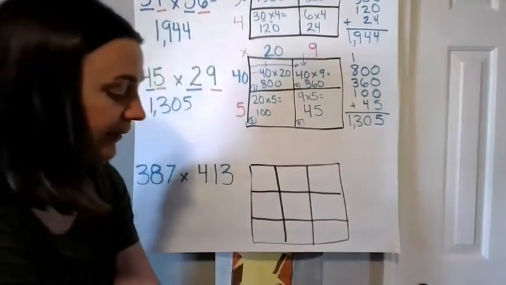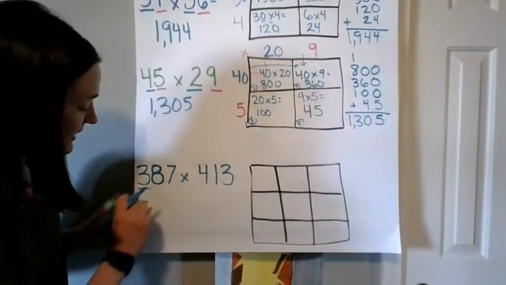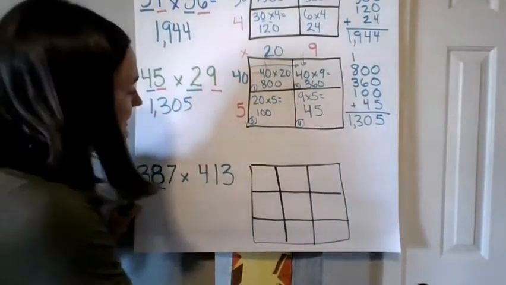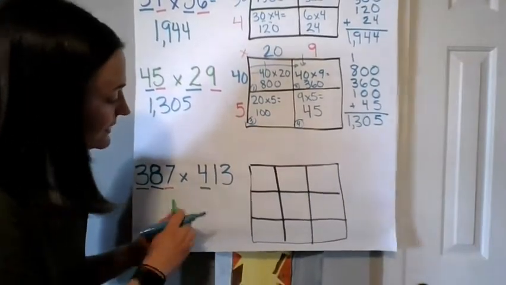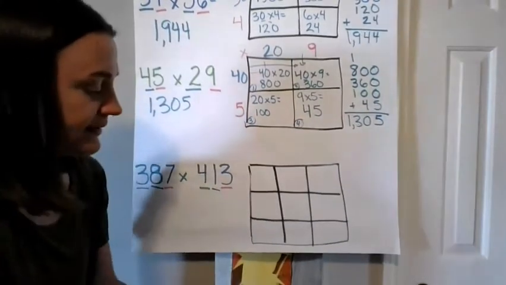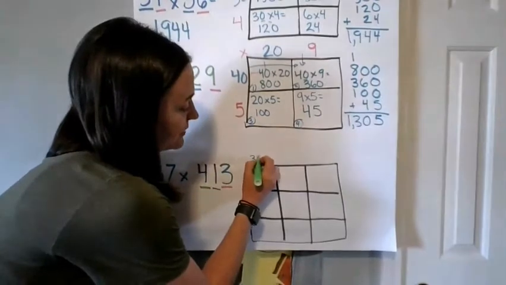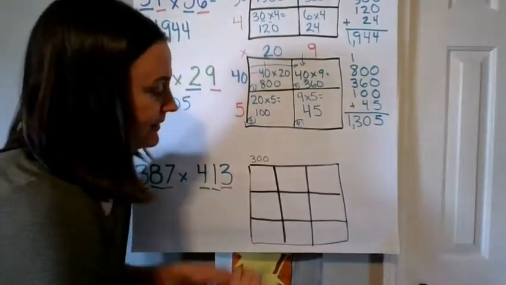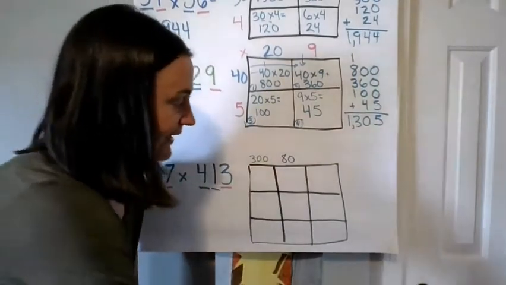That way I can go and multiply my hundreds, my tens, and my ones. So starting with my hundreds from 387, I have 300. I have 80, and I have 7.